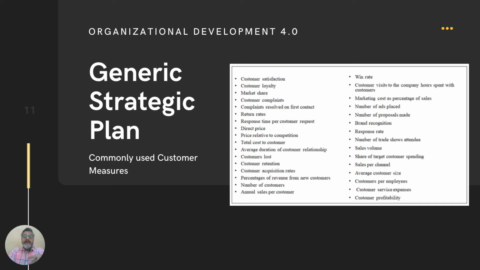So there can be many, like customer satisfaction, customer loyalty, market share, customer complaints resolved, and so forth. There's a huge list that I mentioned over here, and you can look at what measures you want to implement in your organization. But this is one very important perspective in order for you to stay in the business, to be very honest.